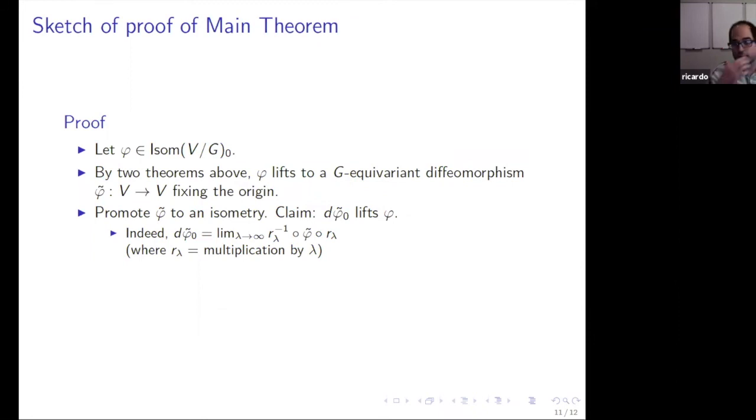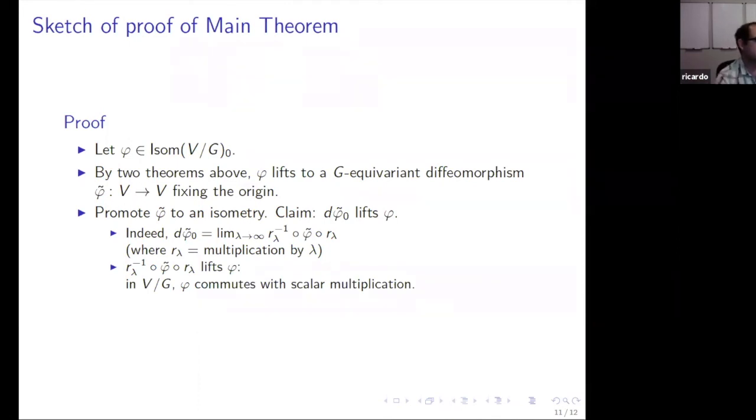So what that means is that if you take now your diffeomorphism phi tilde and you conjugate it with a homothetic transformation, that's a different equivariant diffeomorphism, but it's a lift of the same isometry downstairs, right? The conjugation lifts the same isometry we started with downstairs, because downstairs it commutes.